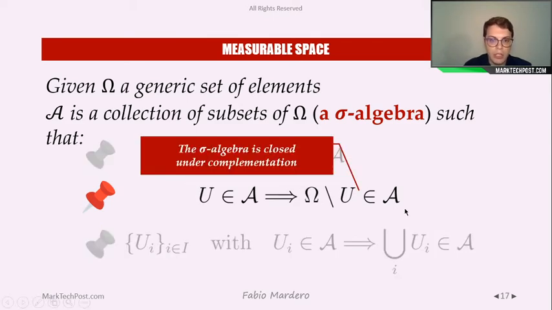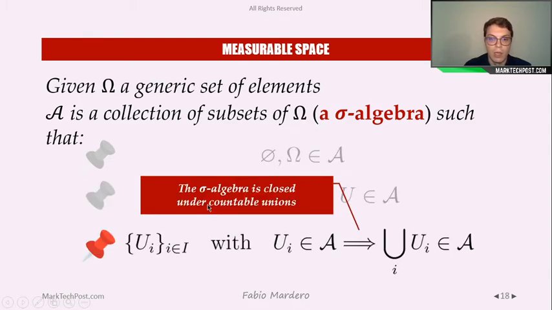The second property can be described as: the sigma algebra is closed under complementation. In fact, here we are taking the complement of the set U. The third property can be expressed as: the sigma algebra is closed under countable unions.